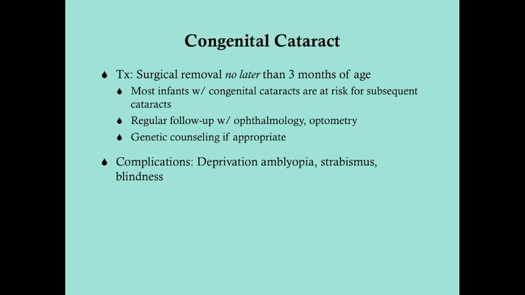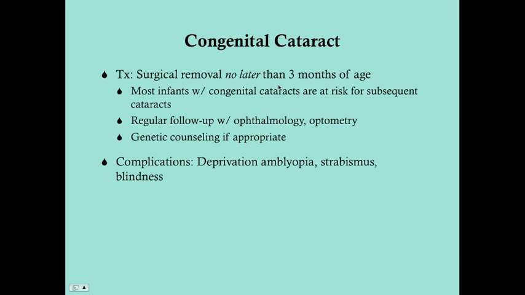Complications include deprivation amblyopia, although the risk for that is less if you treat the cataract quickly. And remember, amblyopia is a disease of the neuroocular system where you don't create a proper connection from the eye to the visual cortex. And so this is exactly what we're trying to prevent when we treat congenital cataracts.